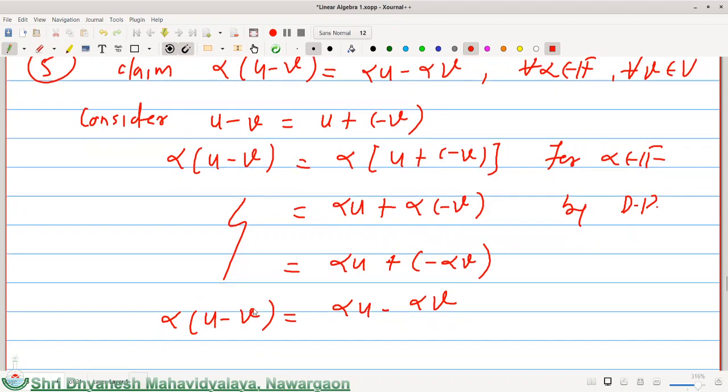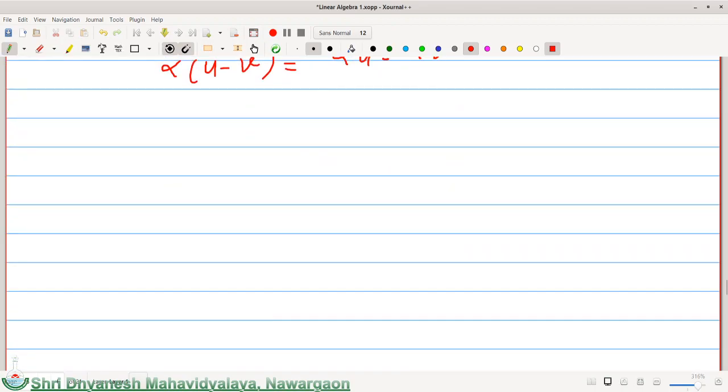Now we move to number 6. What we have to prove? That minus 1 into u is equal to minus u for all vectors u of V. See, we have already number 3.